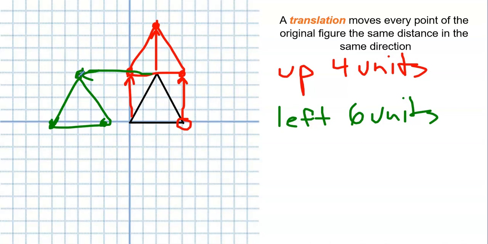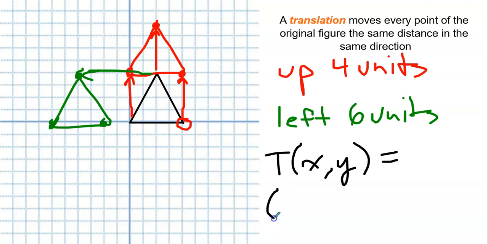Now, this isn't the only way that we can notate a translation. A translation we can describe using something called a transformation on x and y. And this is specifically on a coordinate plane, because on a coordinate plane, we assign x and y coordinates to every point. So in this case, we say that the transformation of (x, y) is equal to some description of what we want.